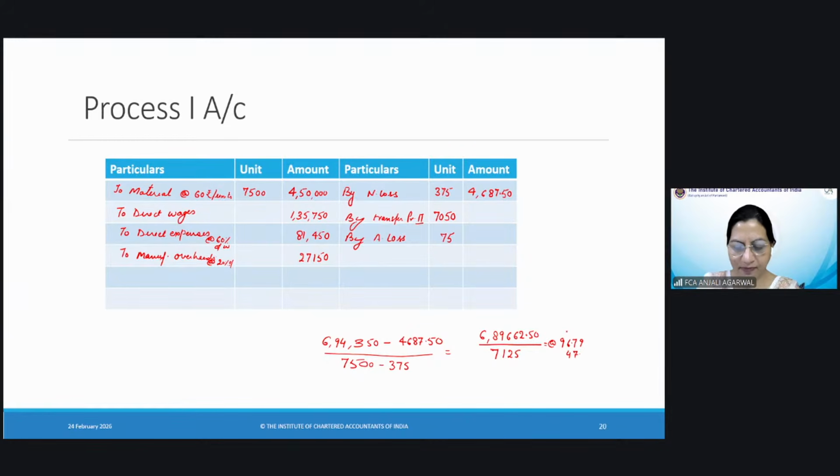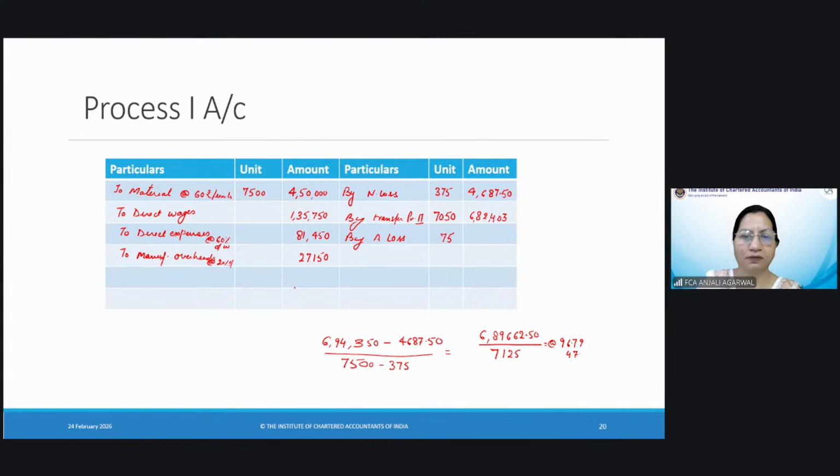So this multiplied by 7050 is 6,82,403. It's 402.89, so I'm rounding off this to 403.